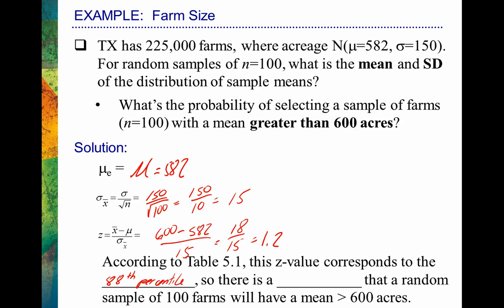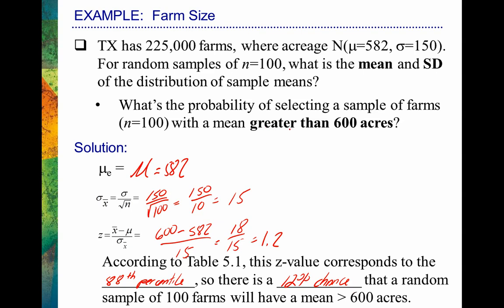Well, we found that 600 acres is in the 88th percentile. So what proportion is beyond that? What proportion is greater than 600? That would be 12%. So there's a 12% chance that a random sample of 100 farms will have a mean greater than 600 acres.